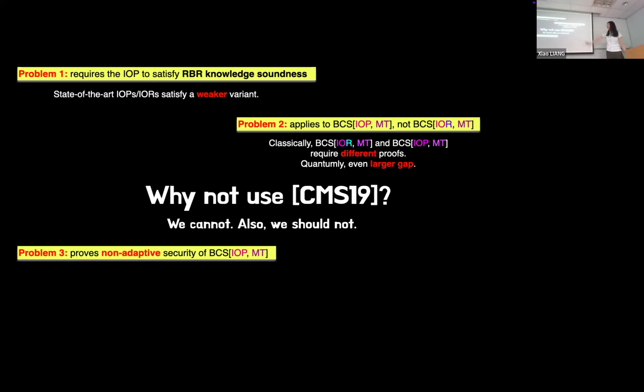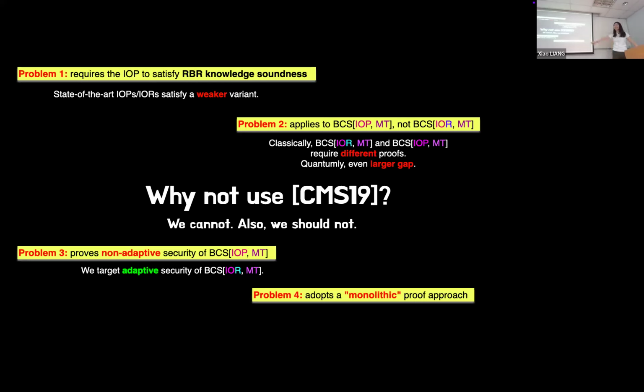Furthermore, they only showed non-adaptive security, and we would like adaptive security. And finally, they adopt the usual quantum proof approach, which is monolithic and looks nothing like the classical proof. We would like a proof that uses classical intuition. In a sense, we would not only want a proof, we would like the right proof.